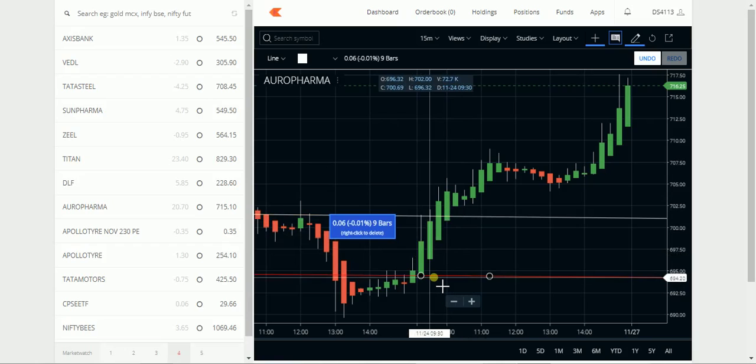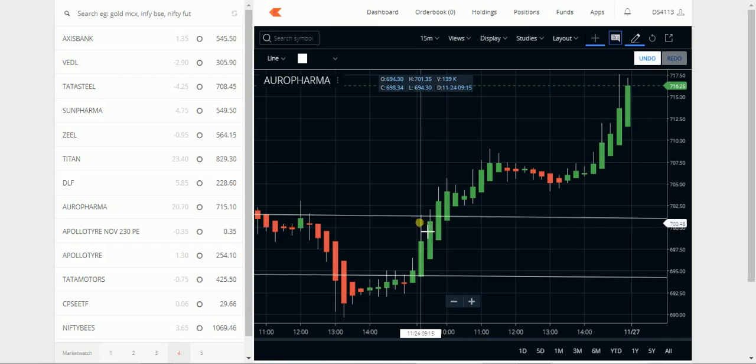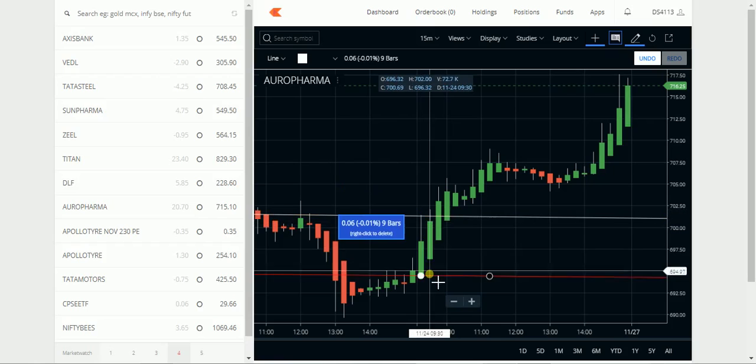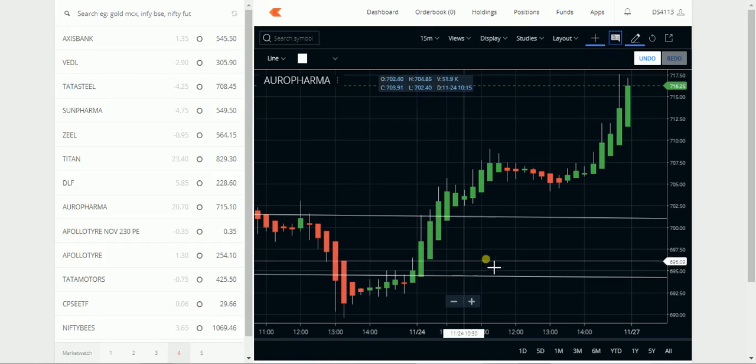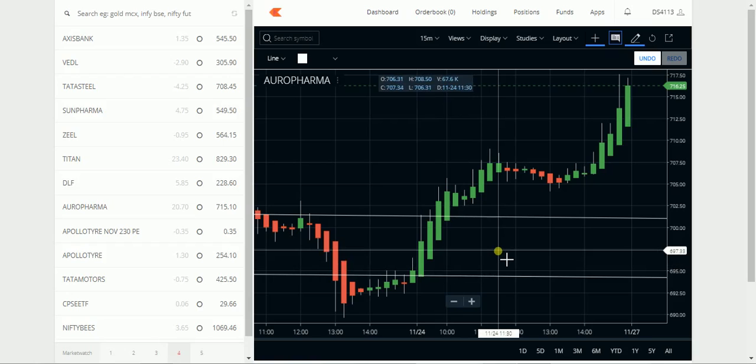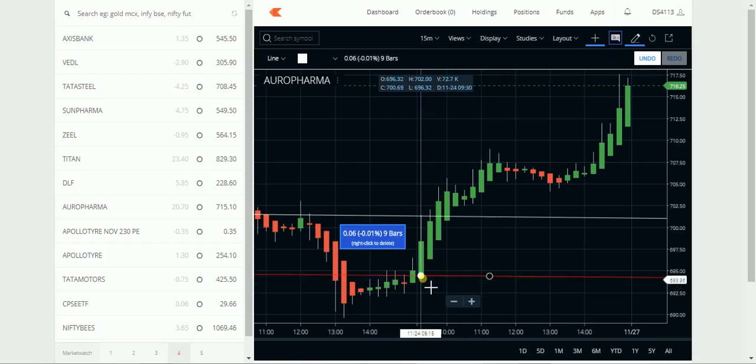That is, suppose the price breaches the high of this particular candle, then I'm going to buy the stock. And if during the whole day the price breaches this particular line, which is the open price, then I'm going to take a sell order, or a short position in this stock.